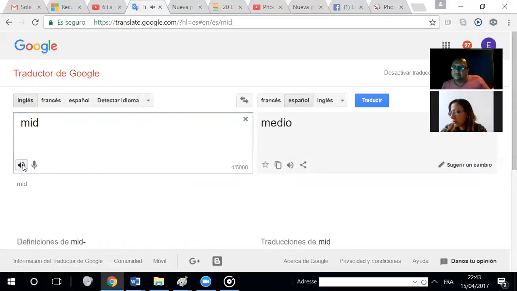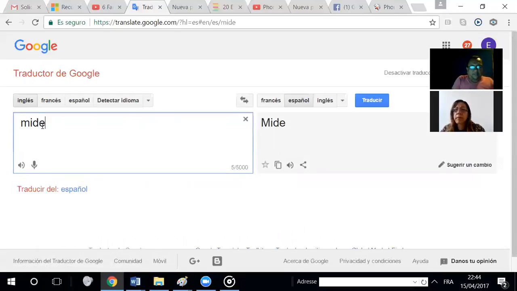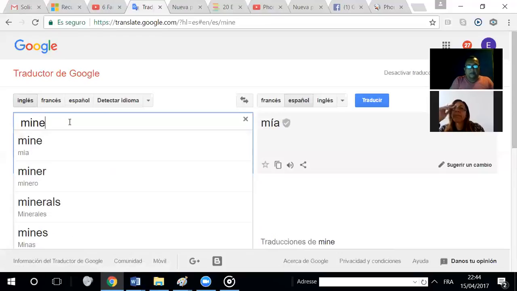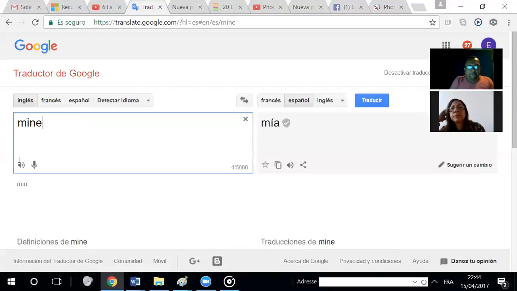Mid. Mid. But if this word doesn't exist, we're going to listen. Mead. This word doesn't exist in English. But if you are saying it, it's going to sound like mine. Mine.